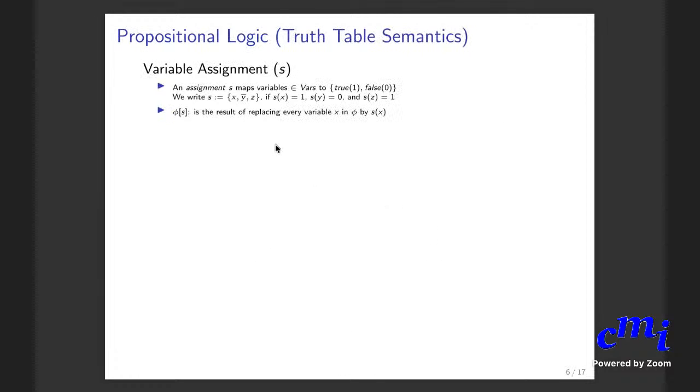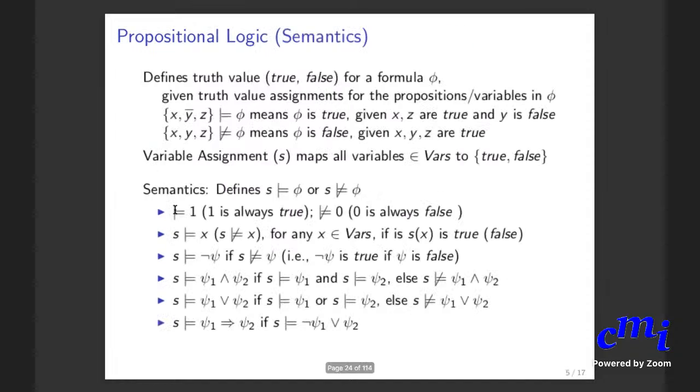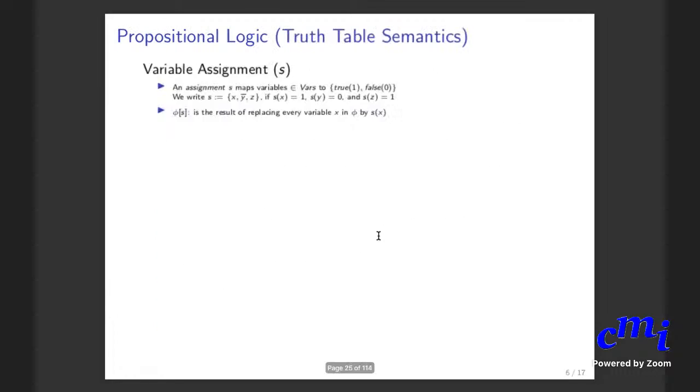Given the way the negation semantics is defined, negation of one is zero and negation of zero is one.